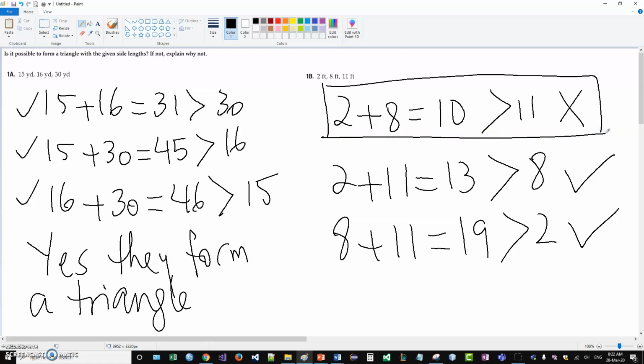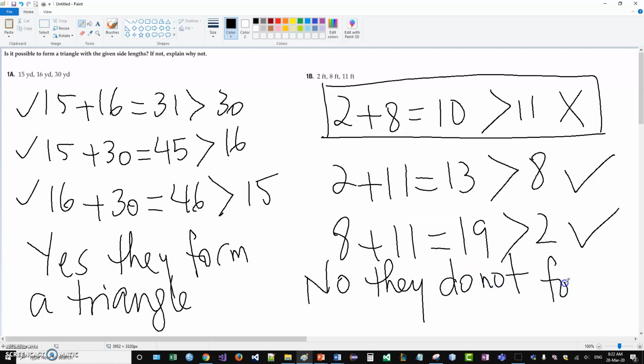If any of them is wrong, that means these sides do not form a triangle. So, no, they do not form a triangle. Why? Because the sum of the first two sides is not greater than the third side. 2 plus 8 is not greater than 11. Please pause the video and try to do this yourself again.